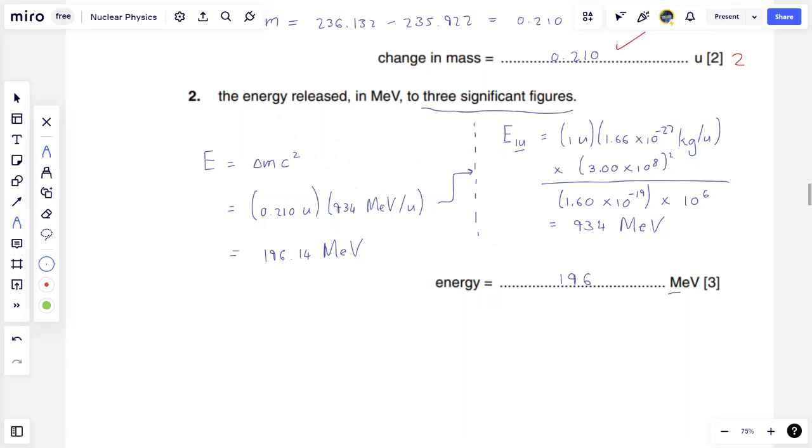Now, stating Einstein's relation, E is equal to mc squared, gets you 1. And then, which I haven't done here, is finding the energy in joules, which is simply the process that I've showed you on the right-hand side, and then converting it to MeV, mega electron volts, and 3 significant figures. The accuracy of the final answer scores you the final mark.